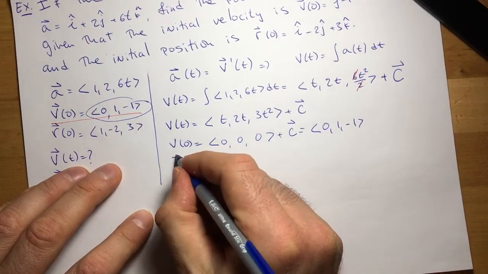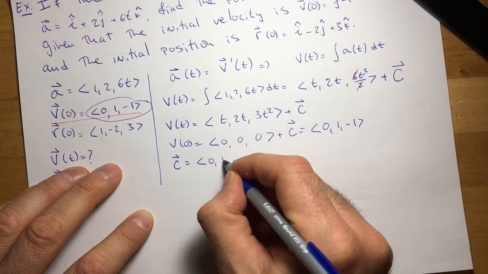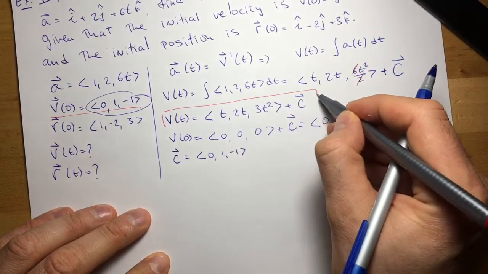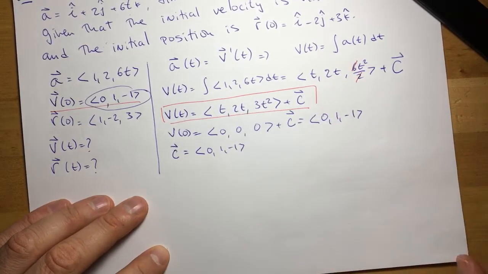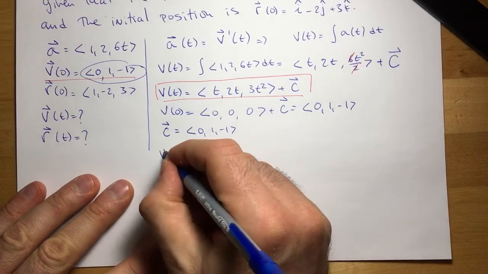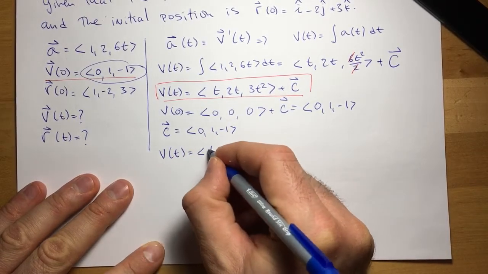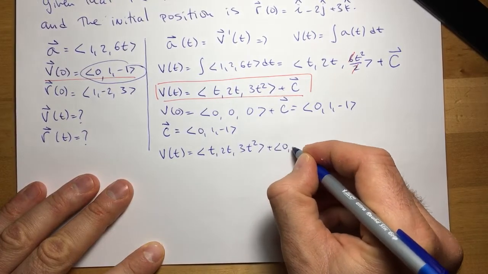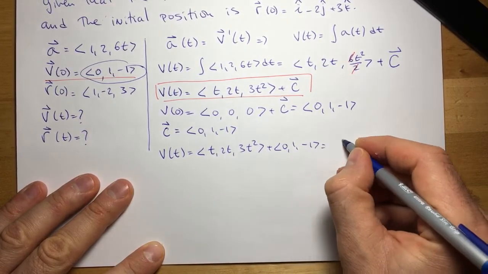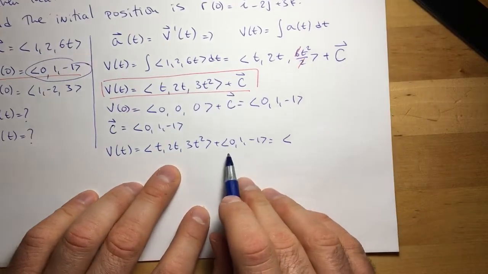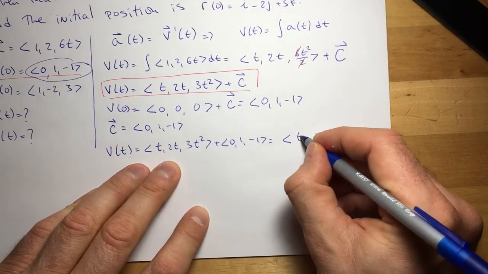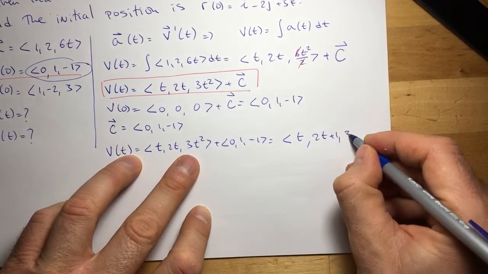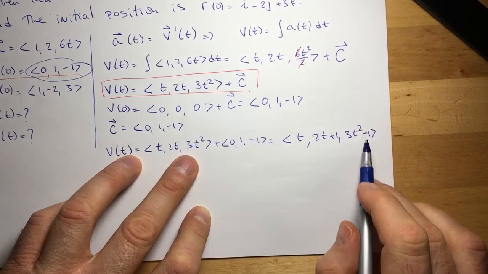That means c is ⟨0, 1, -1⟩, and now you just go back to your expression for the velocity vector. V of t is equal to ⟨t, 2t, 3t squared⟩ plus ⟨0, 1, -1⟩, and this is just a very simple addition of vectors. T plus 0 is t, 2t plus 1, and 3t squared minus 1.